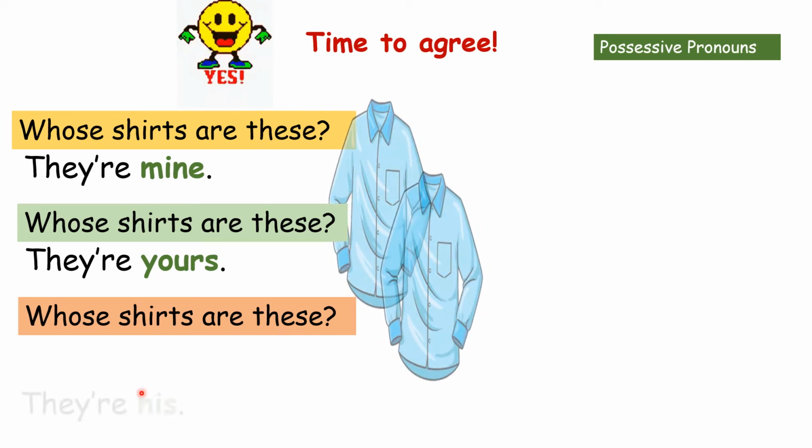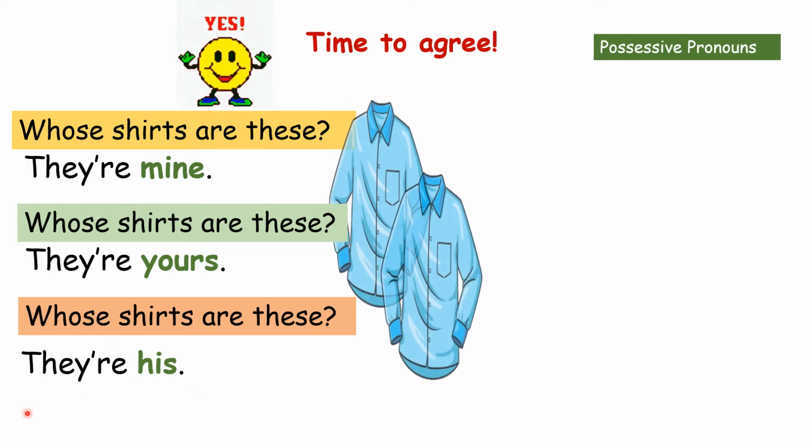To confirm, we answer, they're his. Remember, the word they're here is talking about these two shirts, which is more than one. So every time it is more than one, we will use they're, which stands for they are.